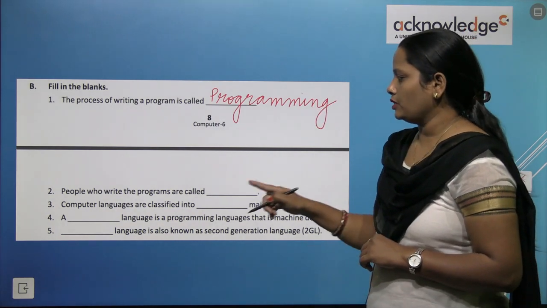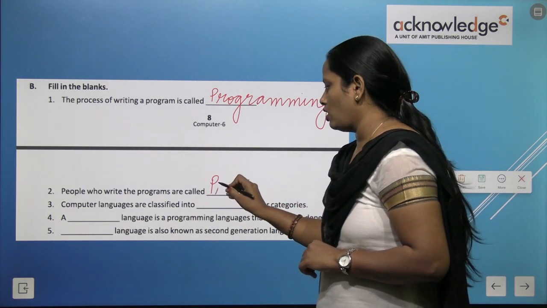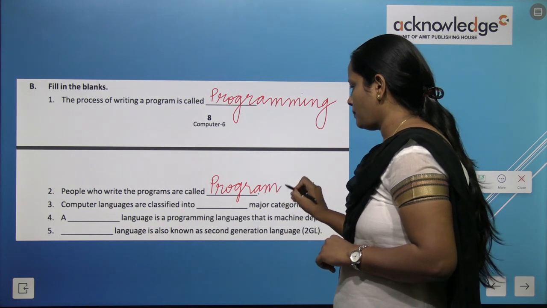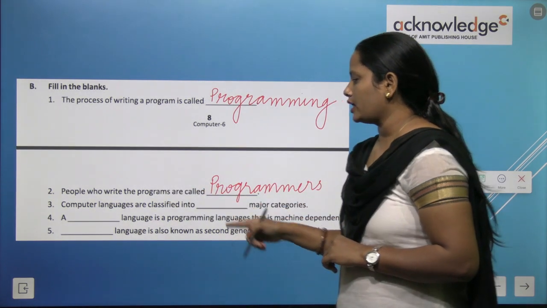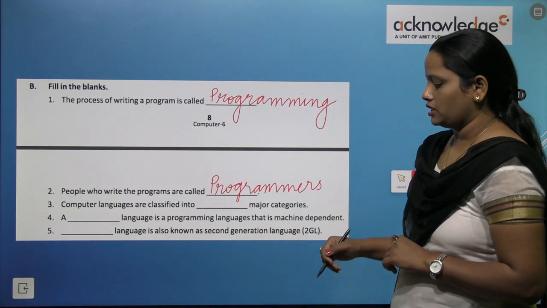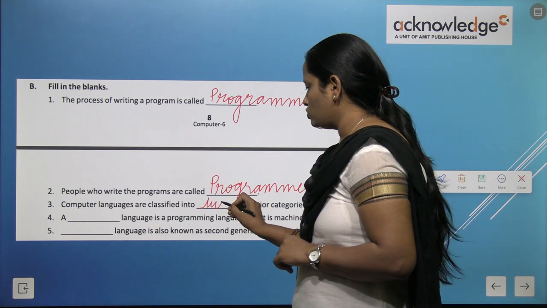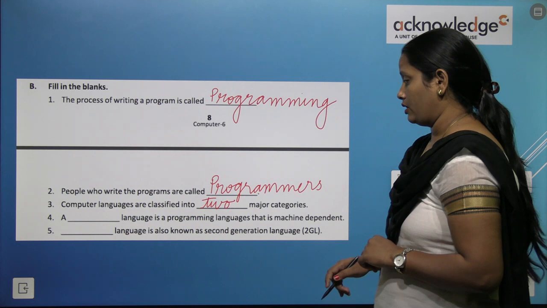Next one is, people who write the programs are called, yes, obviously they are called programmers. Next is, computer languages are classified into dash major categories. So it is classified into two major categories, lower level language and high level language.